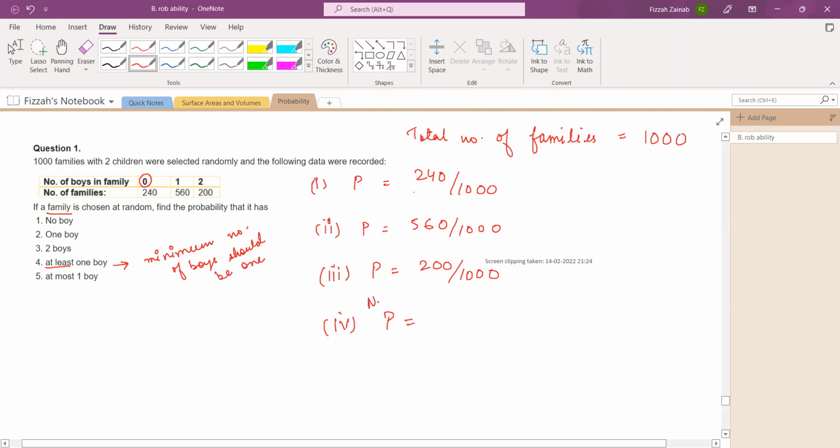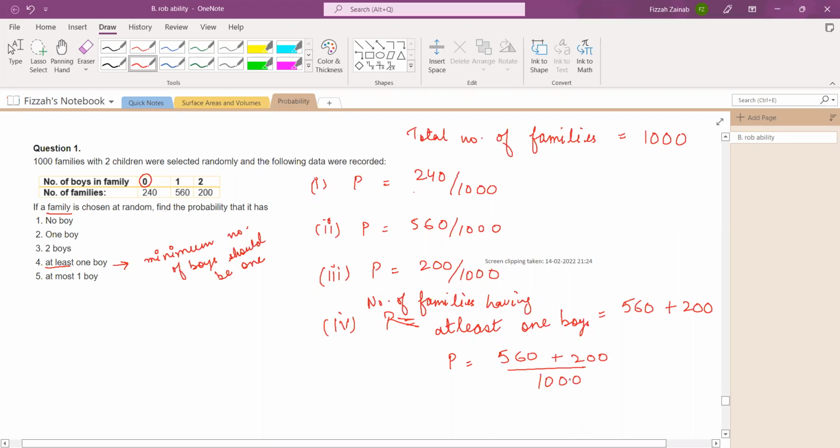So first of all, you will write the number of families having at least one boy. So one boy is there in 560 families, and you also have to take 200 families because it will also be included in at least one boy. Yes, Mridula? Yes, ma'am. Okay, so the probability will become 560 plus 200 divided by 1000. So you can complete the calculation.